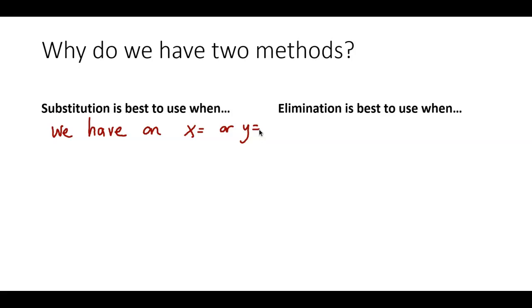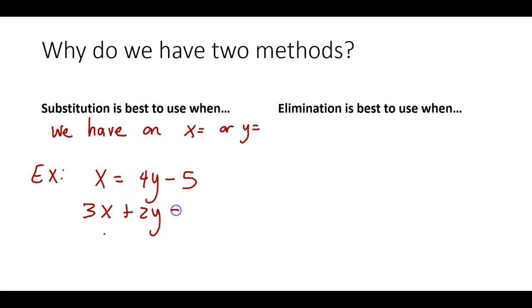All right, so substitution is best used when we have an x equals or a y equals. So just as an example of that, if you have x equals 4y minus 5, and let's say you have 3x plus 2y.